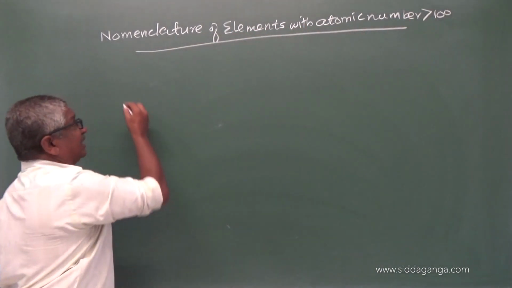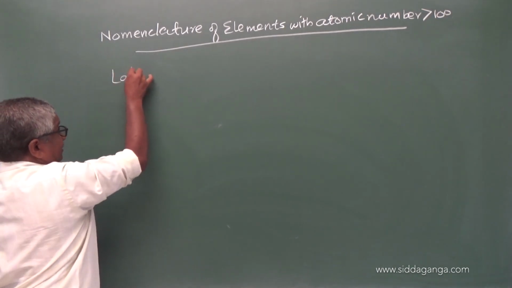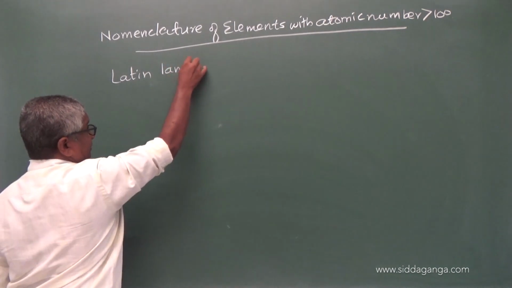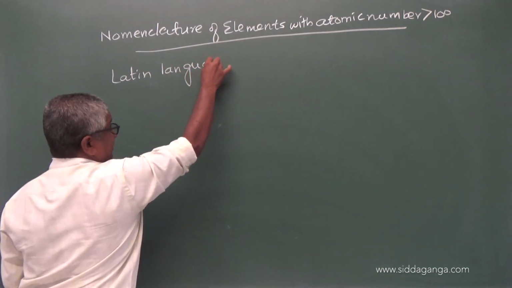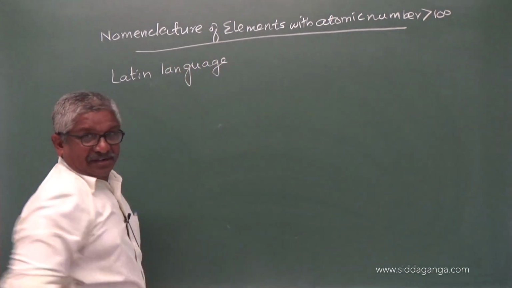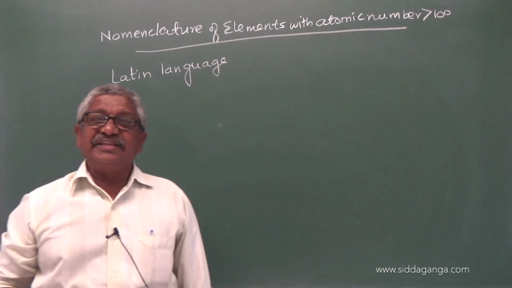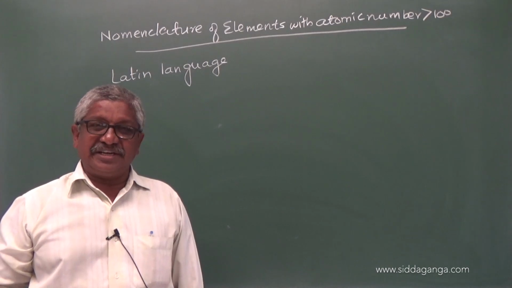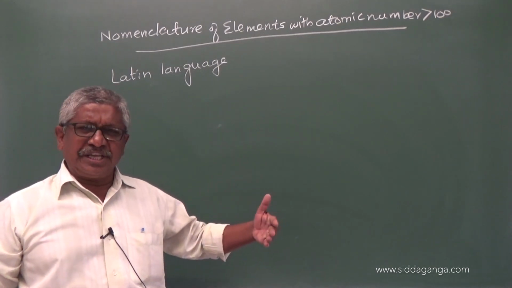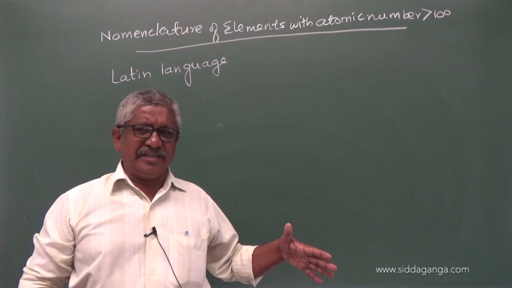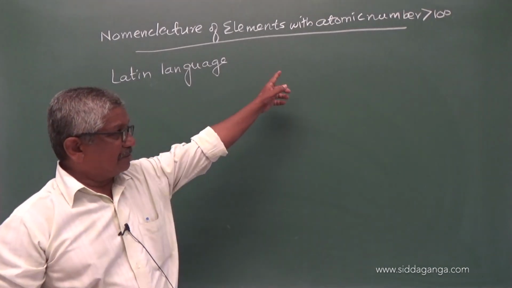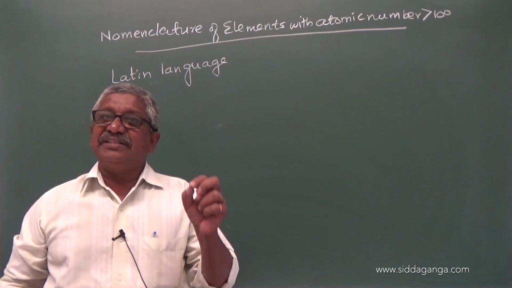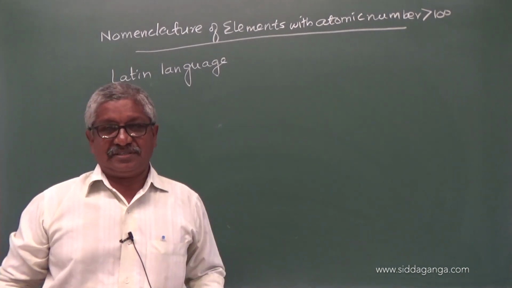So in the Latin language, all the digits are given Latin names to name systematically the elements with atomic number greater than 100, by using Latin words.